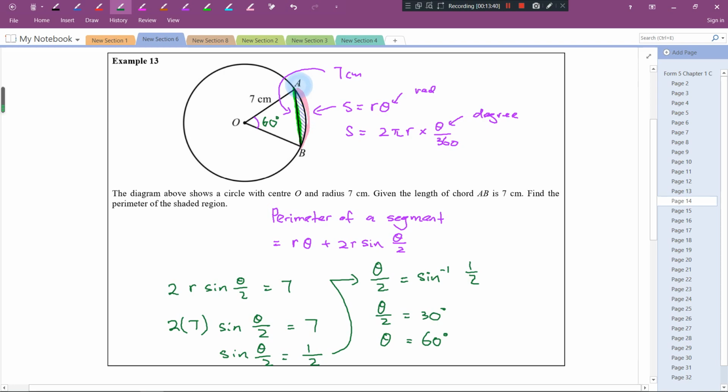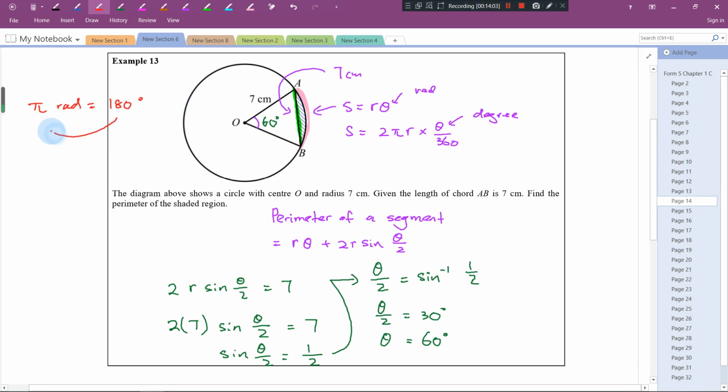So the next thing is to find the arc length AB. If you want to convert this to radian, yes, you can do so. Convert this to radian first. Let's say 60 degree. Okay, let me write this one for you first. Pi radian is equal to 180 degree, right?